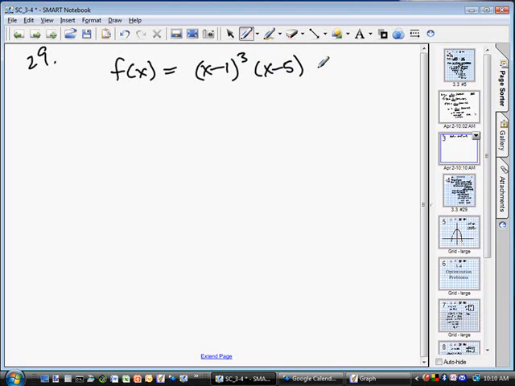So, let me ask you this. How did you approach it? Did you multiply that out first? Did you use the product rule? Well, maybe I should try to use the product rule so we can kind of stay with your technique then. Okay, first derivative. The first times the derivative of the second.